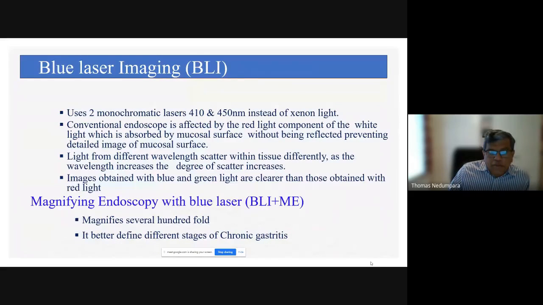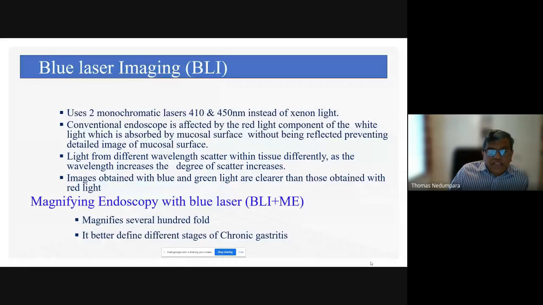Normally in an endoscope, we use xenon light, which is a white light. The problem with that is the red component of the white light is absorbed by the mucosal surface without being reflected, preventing a detailed image of the mucosal surface. And also, when the light goes through the different levels of the tissue, it is scattered to a different degree, and therefore the returning light will have less resolution.